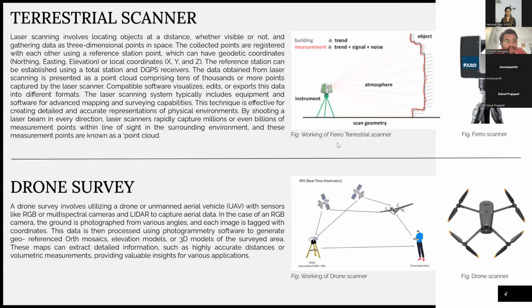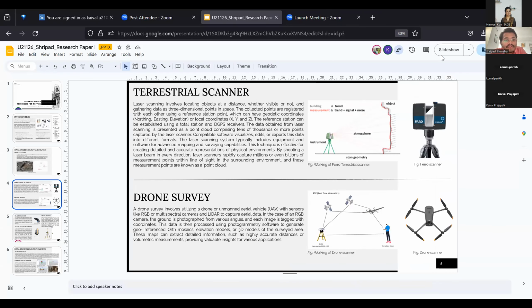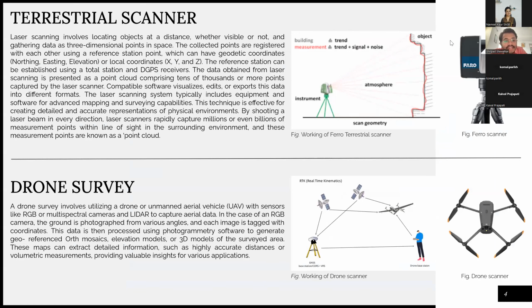So yeah, starting from the terrestrial scanner, resuming where I last stopped. It's a laser scanning device which locates objects at a distance, whether visible or not, and gathers data as three-dimensional points in space.